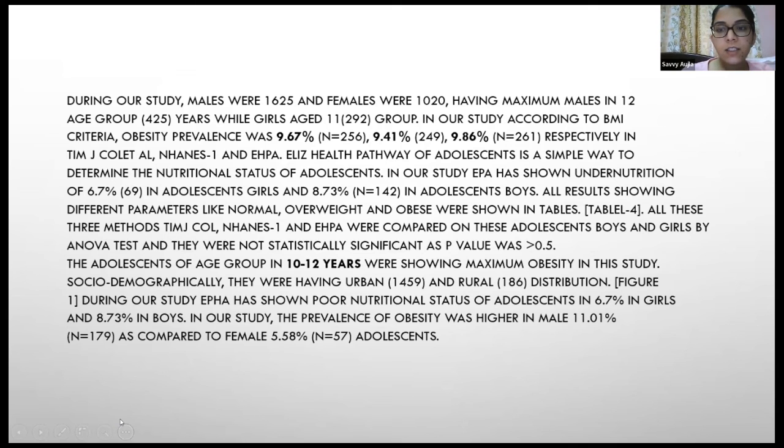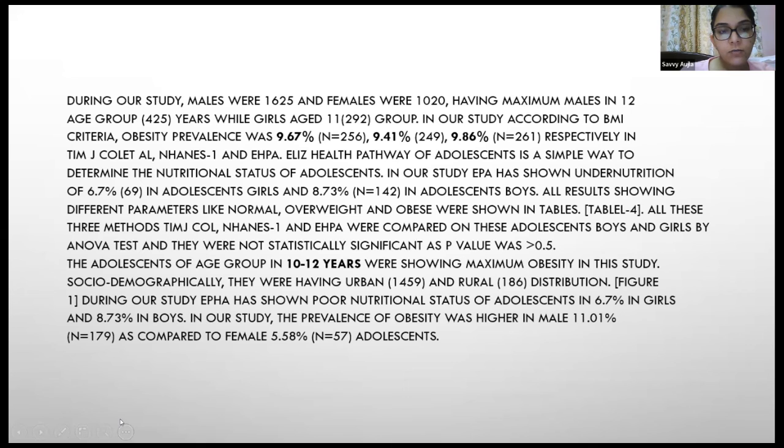All the results showing different parameters like normal, overweight, and obese were shown in the tables. All the 3 methods, that is Tenggara, NHANES, and EPHA, were compared in these adolescent boys and girls by ANOVA test, and they were not statistically significant as the p-value was more than 0.05.